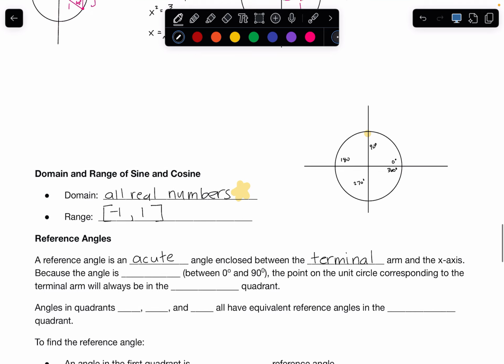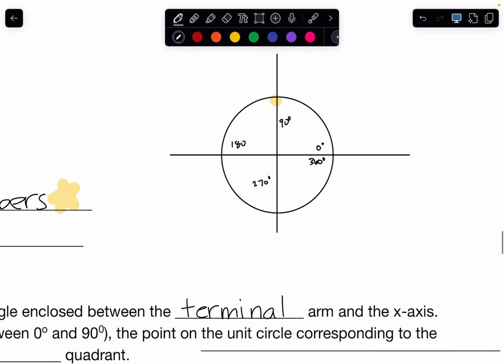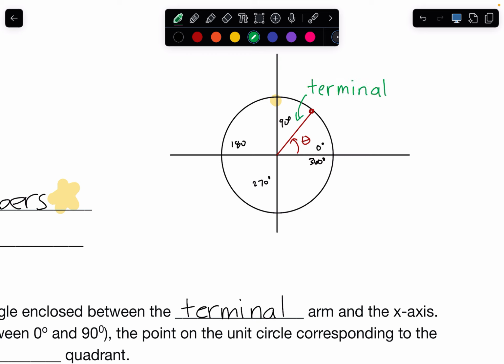So in this picture here, if I were to draw a point on my unit circle, the angle's measured up from 0, and this line here is what we call our terminal arm. It's where the angle ends.